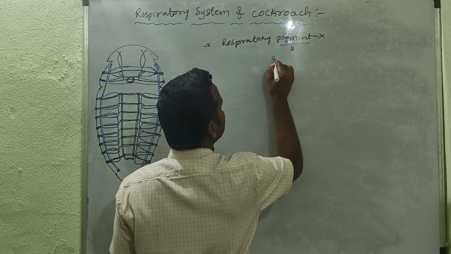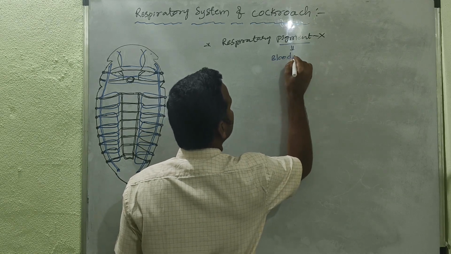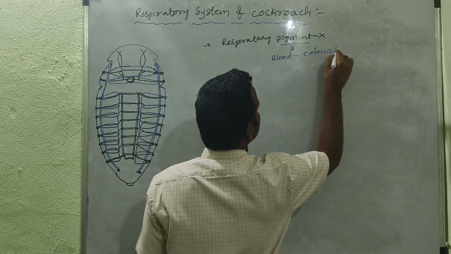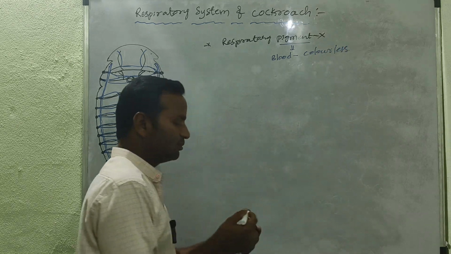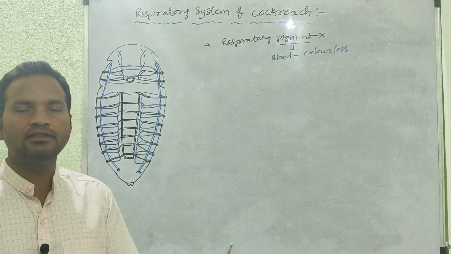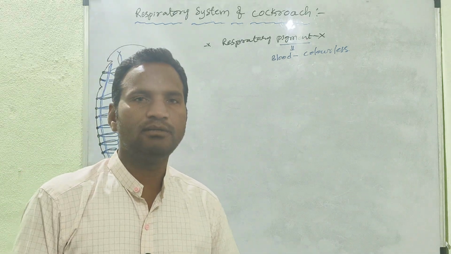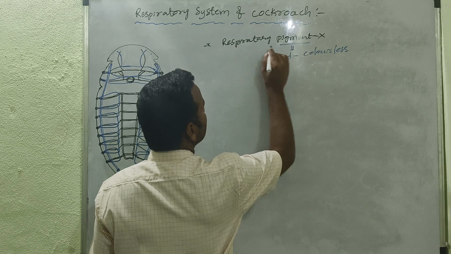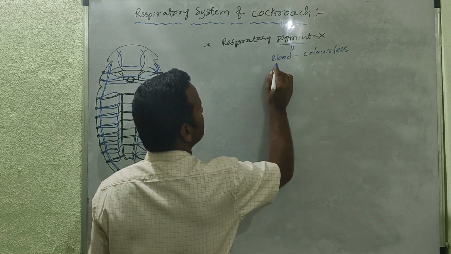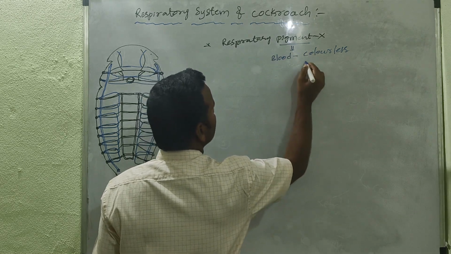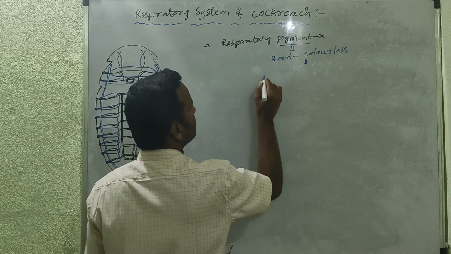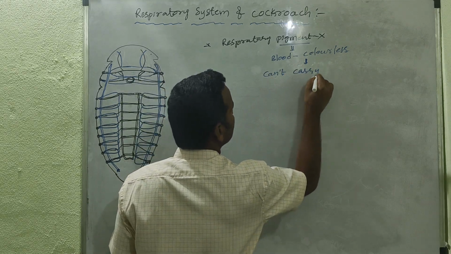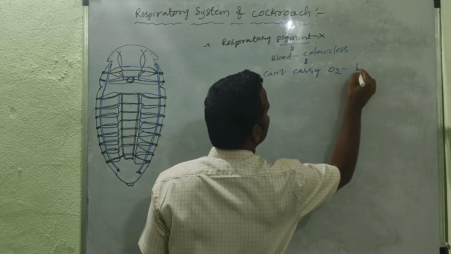That's why the blood of cockroach is colorless. Some people call it white blood. Because there is no respiratory pigment, the blood of the cockroach is colorless and cannot carry oxygen to tissues.